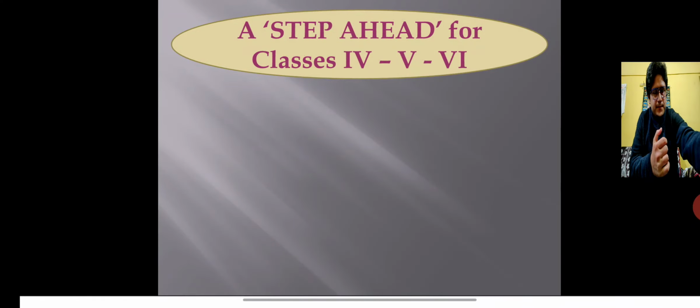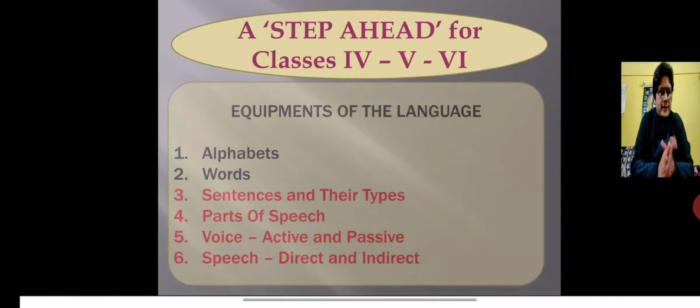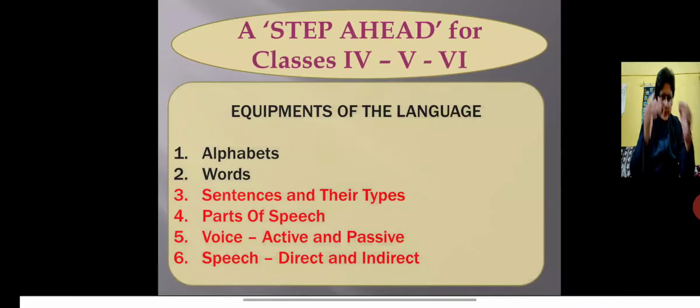Moving on, though I have tagged it as an important concept for classes 4, 5, and 6, I believe that with the kind of environment we are in, we don't get ample opportunities or people to have conversations or to express our feelings in English. That's a problem. So, because of this lack of environment, we need to understand that there are several equipments that we have to practice on our own.